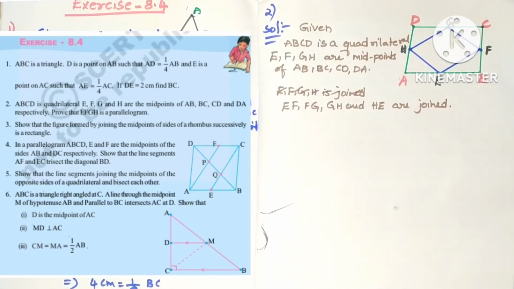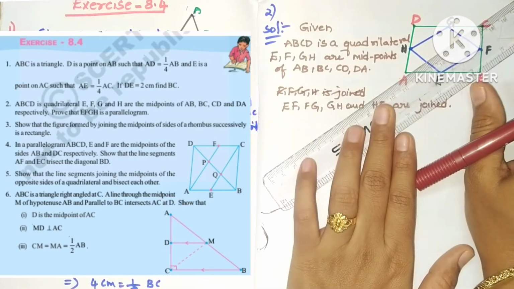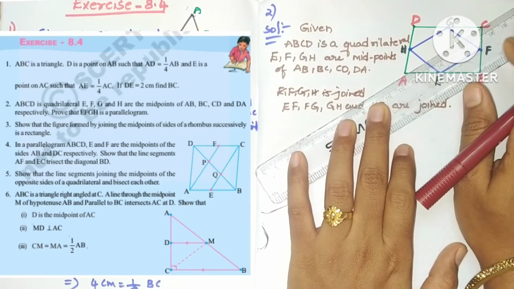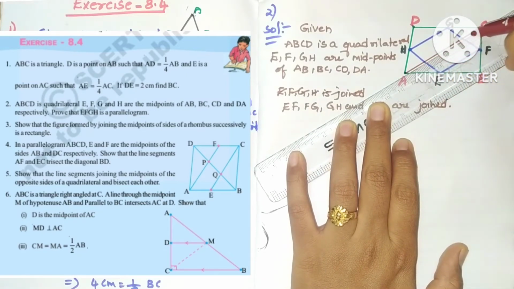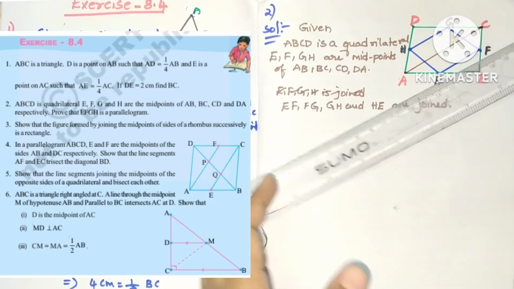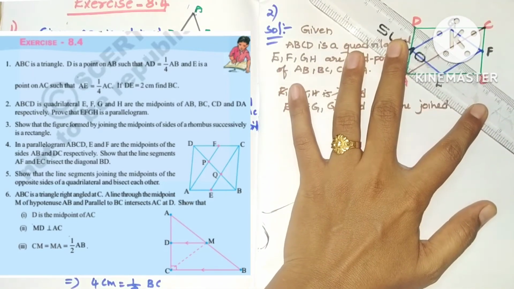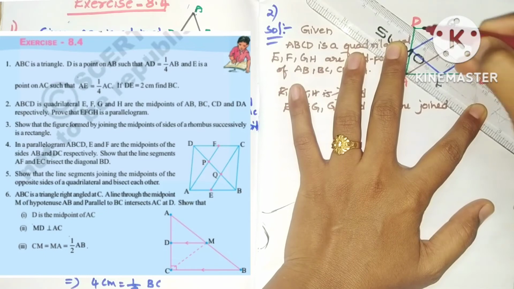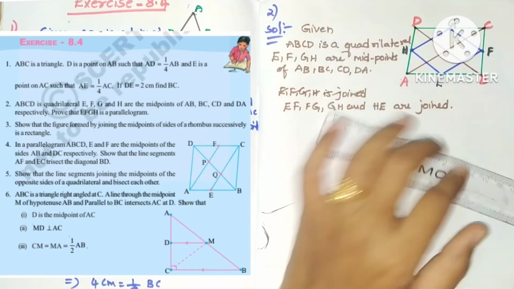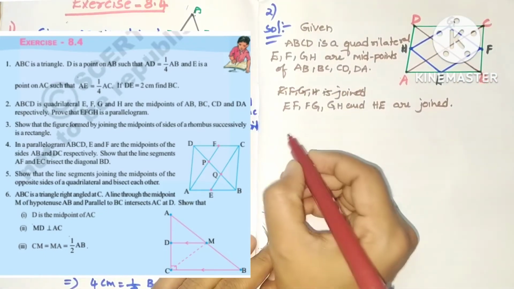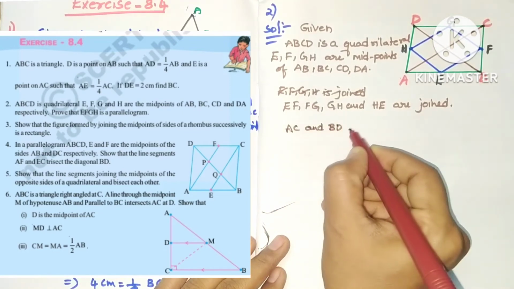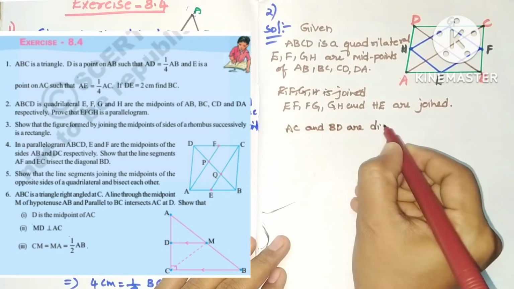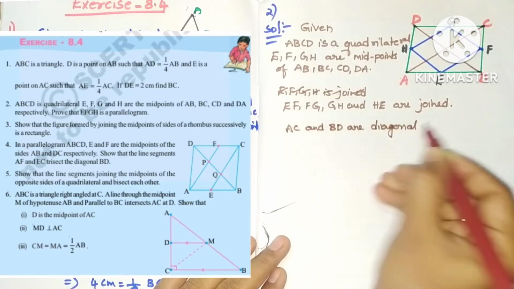Now any quadrilateral has diagonals, right? So AC is a diagonal and BD is another diagonal. So AC and BD are diagonals of ABCD.